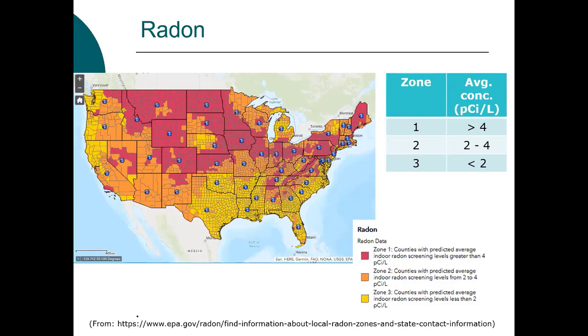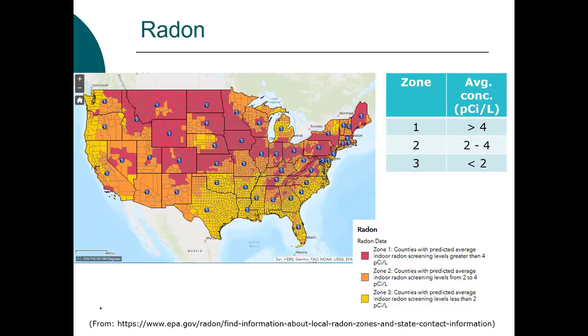And these are the areas where it's common to find indoor radon levels that are greater than that 4 picocuries per liter. So these are areas where putting in a mitigation system is often needed. If you buy a house in any one of these areas, my advice is have the radon testing done to determine whether or not you need a radon mitigation system in the home.